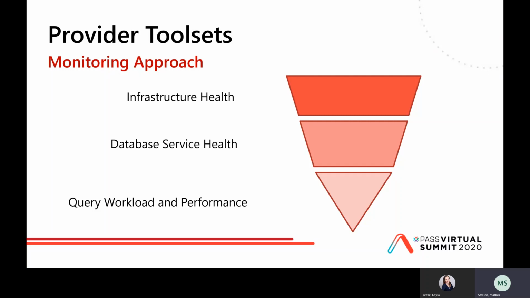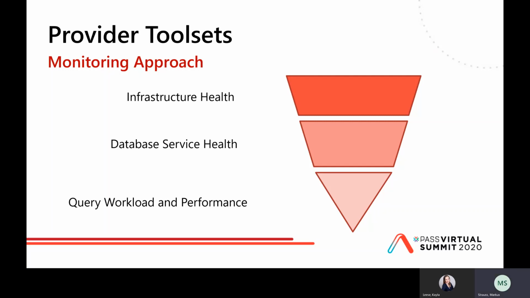And the traditional monitoring approach, across a lot of different monitoring products, whether that's provider toolset built-in products that are not really products per se, or third-party products, really is from the infrastructure level, getting gradually less into the query workload. Whereas, interestingly enough, the problem description may be slightly different, and I'll get into that in a little bit.